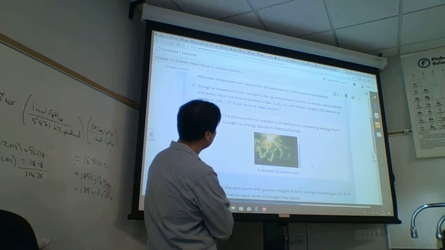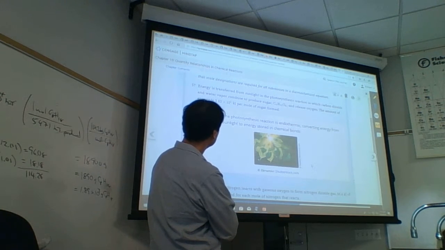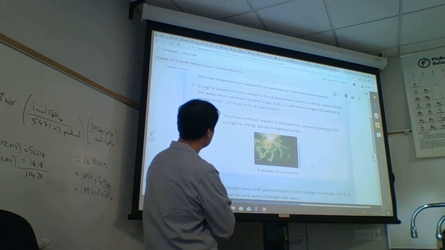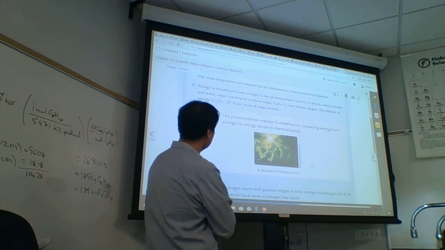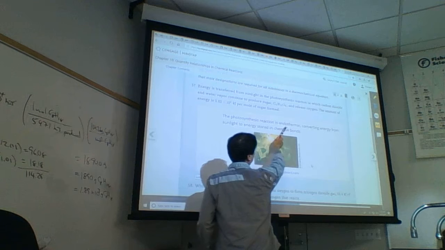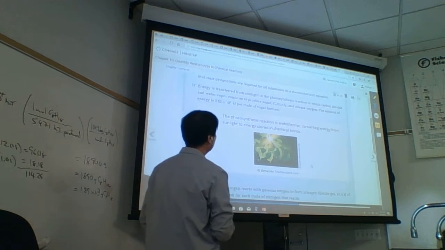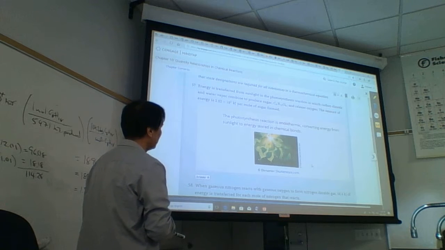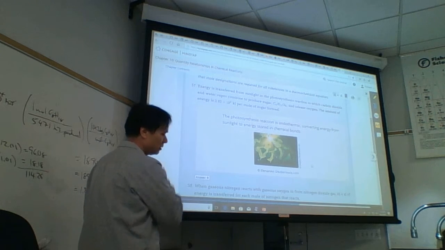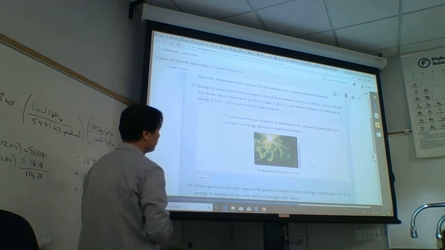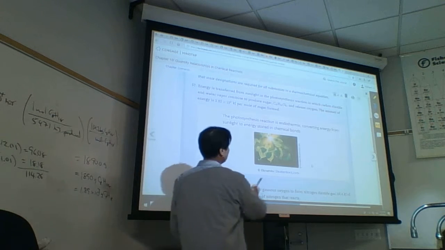So they tell us for every mole of sugar, we're going to require 2.82 times 10 to the 3rd kilojoules. So the reaction is endothermic. Photosynthesis is endothermic, converting energy from sunlight to energy stored in the bonds. And the energy stored in the bonds is called potential energy.